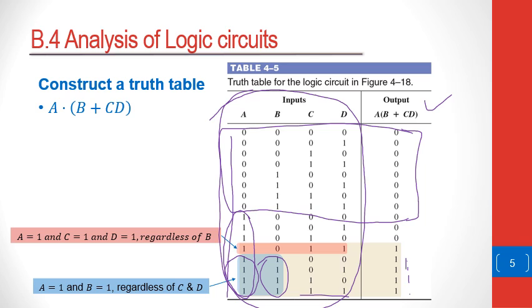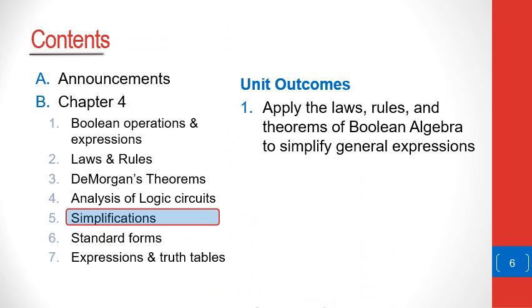Secondly, when A is 1, C is 1, D is 1, regardless of whatever B is, then you always have a 1. Then you are able to evaluate your output to complete the truth table for your logic circuit or Boolean expression.